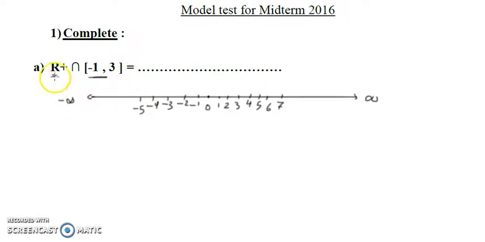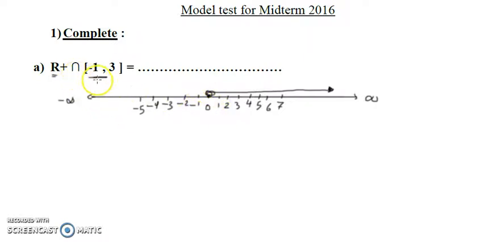Then R positive is the interval starting from 0 to infinity, and 0 is open because 0 is neither positive nor negative.